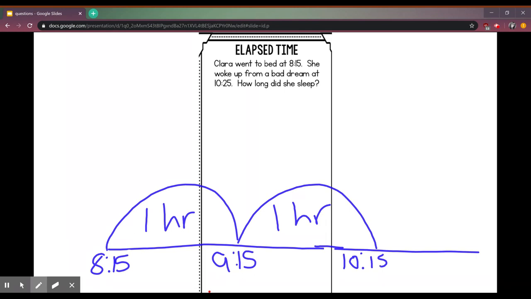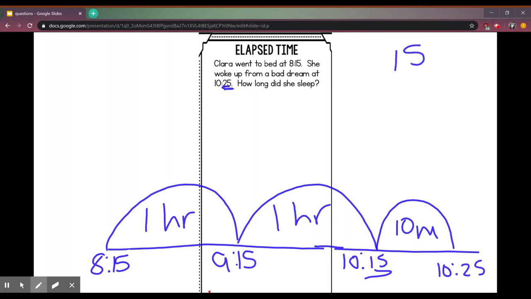Or we can just look at the 15 and the 25 right here and know that we can jump 10 minutes, and that'll get us to 10:25. Because if I take 15, which was the number we landed on right here, add on my 10 minutes, that'll put me at 25, which is exactly what we wanted to be at.